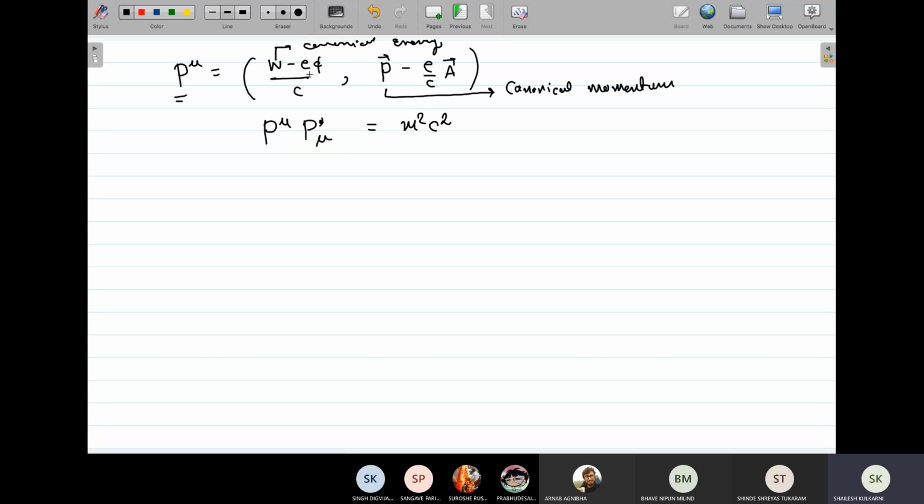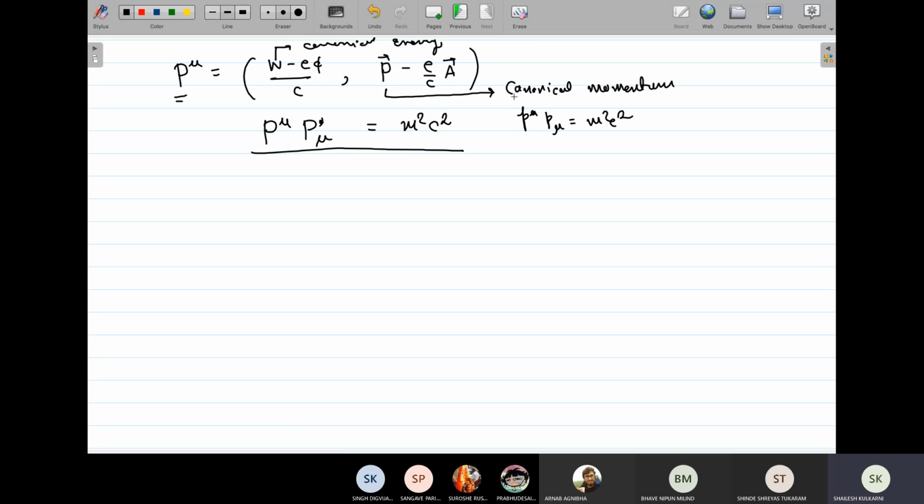If I subtract from the canonical momentum and canonical energy the respective vector potential and scalar potential, I will get this relation. The resulting 4-momentum will satisfy this relation, so it will be the same as P mu P mu equal to m squared c squared.